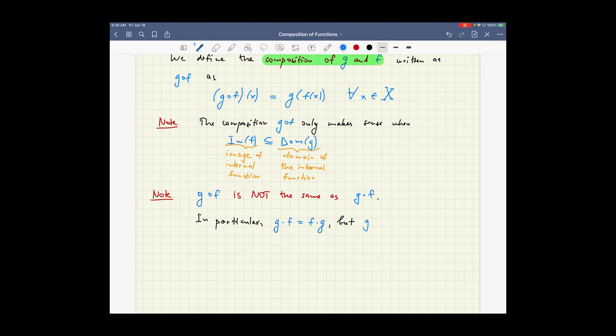G composed with f is in general not the same as f composed with g. And the next example will show a situation of exactly this, when g composed with f and f composed with g are different.